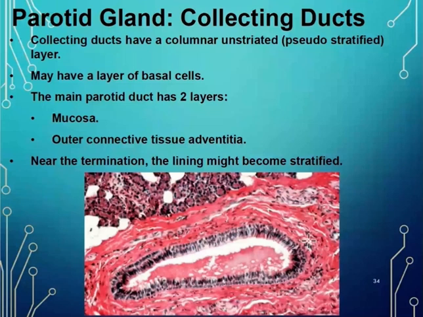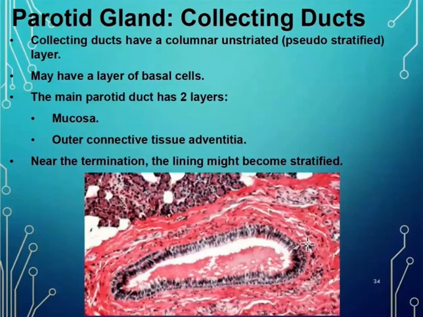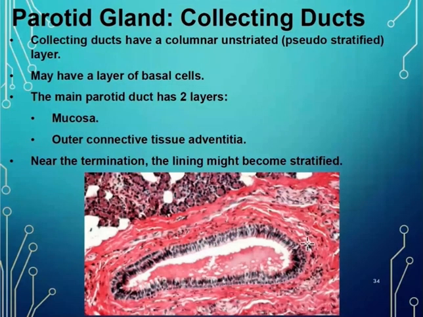Two layers: we have a mucosal layer and an outer connective tissue adventitia. Near the termination, the lining of the main duct becomes more stratified as it merges with the stratified squamous epithelium of the surface oral mucosa. Okay, the surface epithelium of the mucosa.